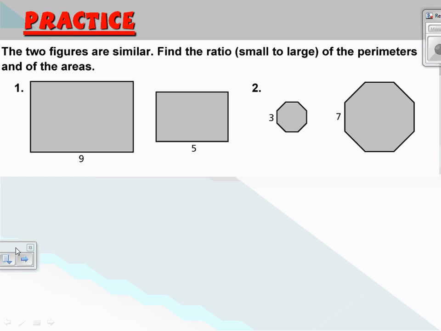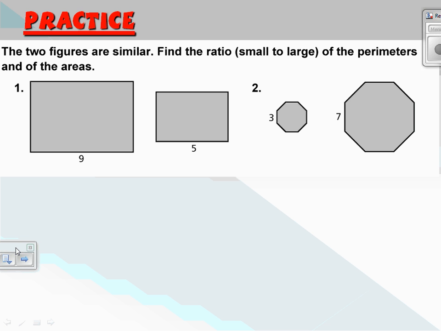Okay. So this is practice. I want you guys to do this with me. If you guys want to do it on your own and then check later, go ahead. It says here in the example, the two figures are similar. Find the ratio, small to large, of the perimeters and of the areas.